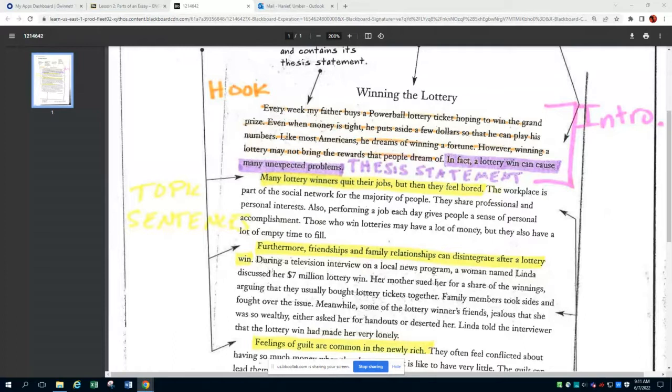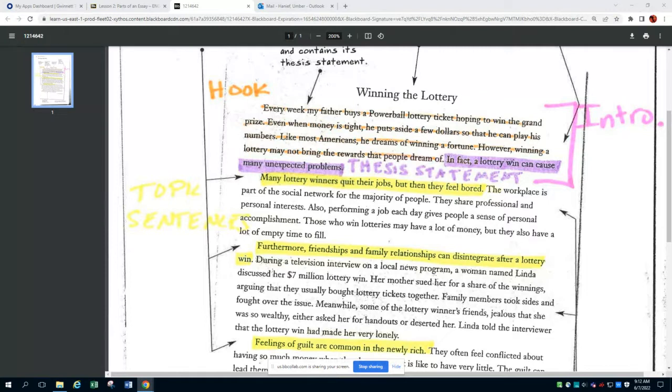There are lots of different strategies for writing a hook. In this case, he's using a personal story. You don't have to use a personal story. I know a lot of students feel very uncomfortable using personal stories, but you can. To me, it's the easiest type of hook, but it's also one of the most common types of hooks. You can use a quotation. It doesn't even have to be a true story.